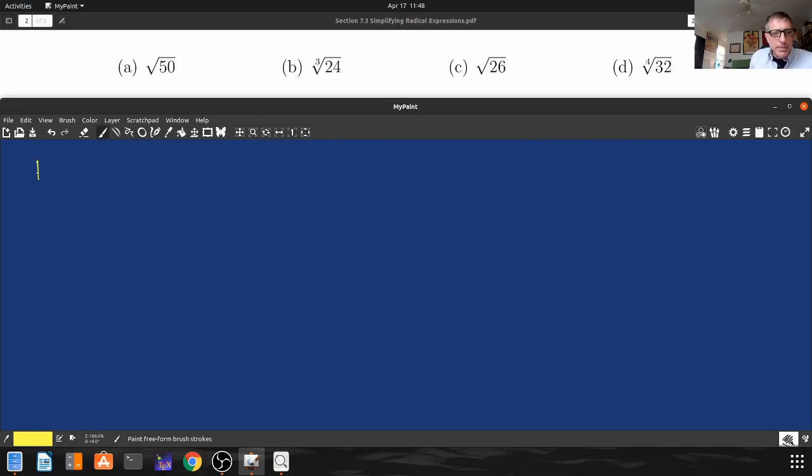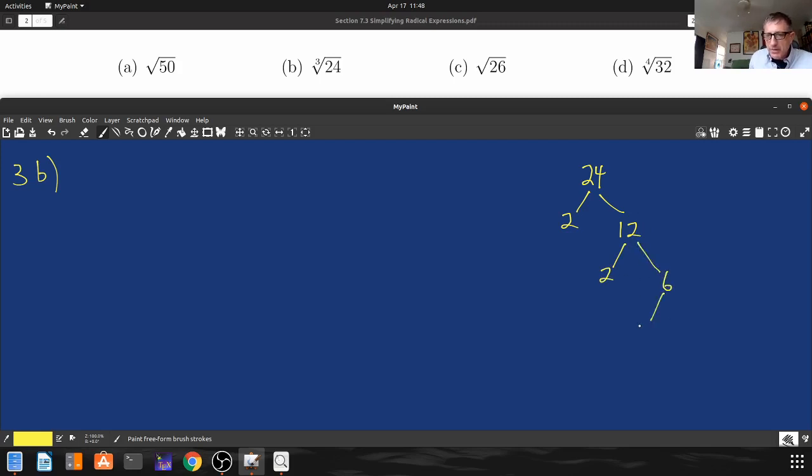Now let's do B. 3B. So the first thing we want to do is do a factor tree of 24. If it's even, I always divide by 2, and 24 divided by 2 is 12. And 12 is divisible by 2, and that's 6.